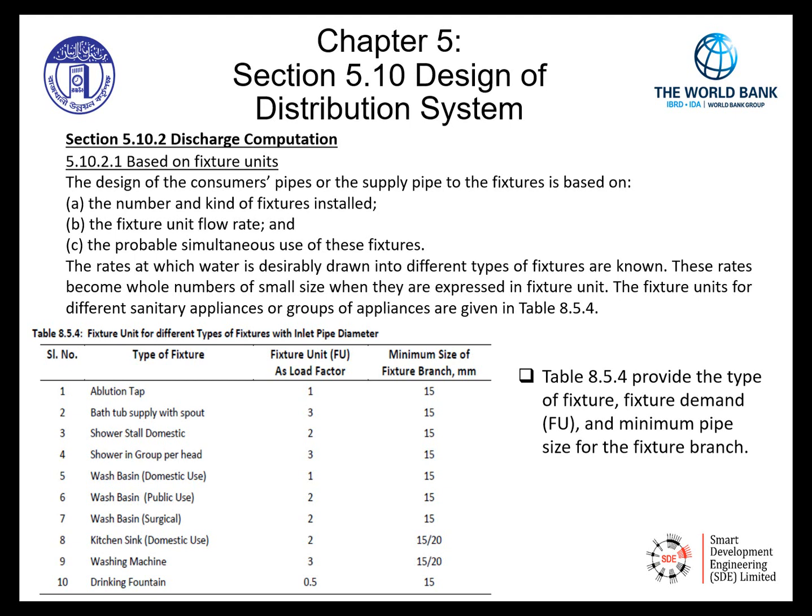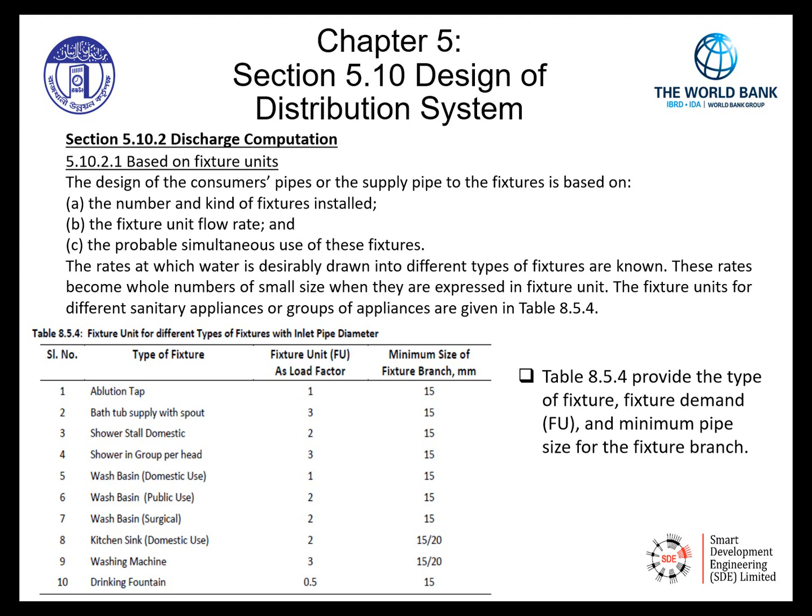The rates at which water is desirably drawn into different types of fixtures are known. These rates become whole numbers of small size when they are expressed in a fixture unit. The fixture units for different sanitary appliances or groups of appliances are given in Table 8.5.4.